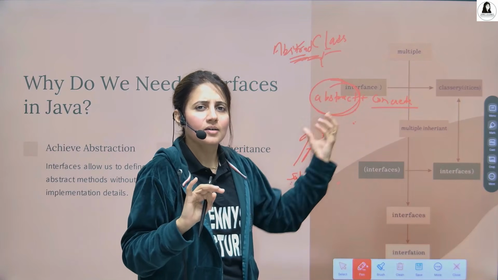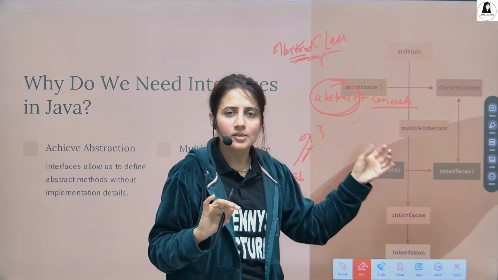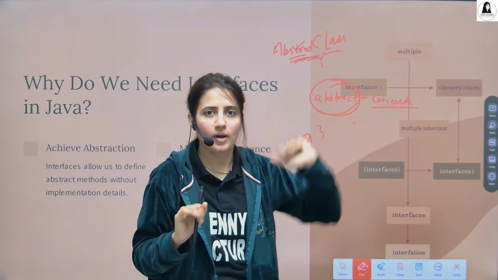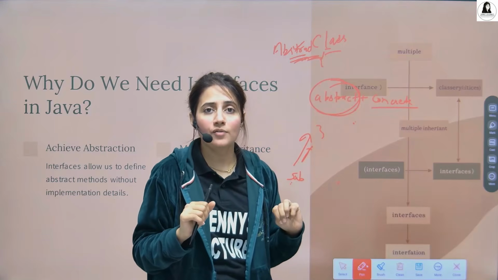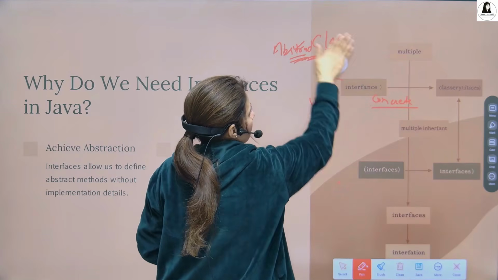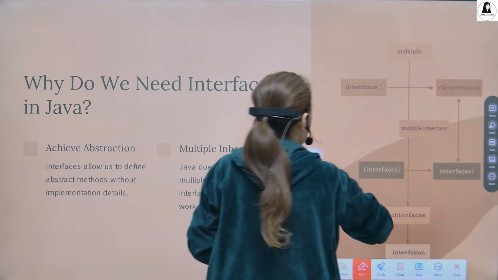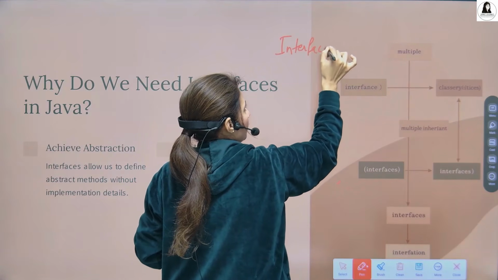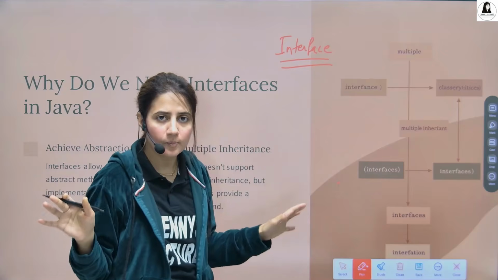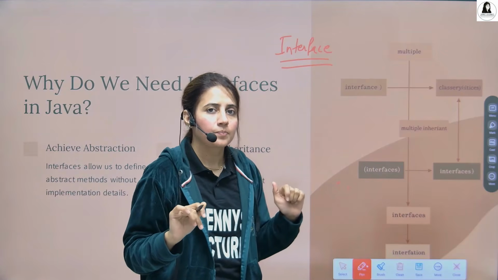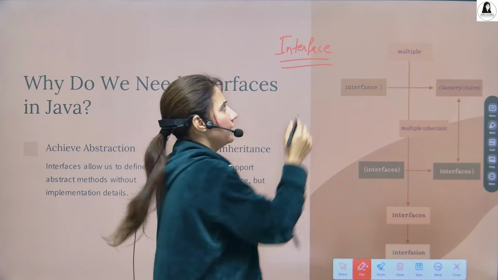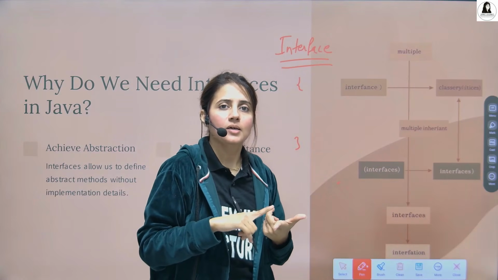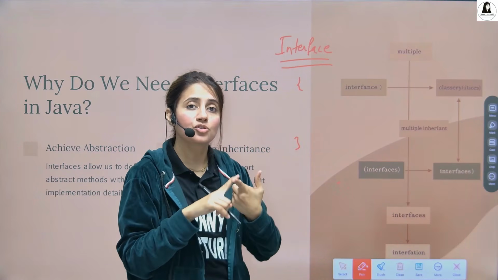So the conclusion is that an abstract class is also defining a common protocol or contract. Now, the third thing we have in Java is interfaces. An interface is also defining a common contract or a common blueprint, right? But in most cases, in interfaces we have only public and abstract methods, or you can say only abstract methods.